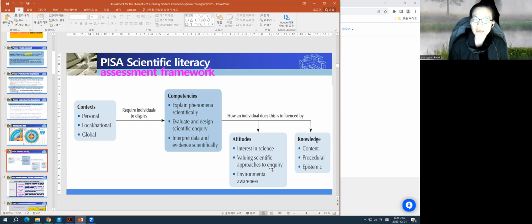It's also known as evidence-based conclusion or evidence-based claim. They also ask this kind of science content knowledge and procedural knowledge as well as epistemic knowledge. So this is PISA assessment framework, which focuses on competency assessment.